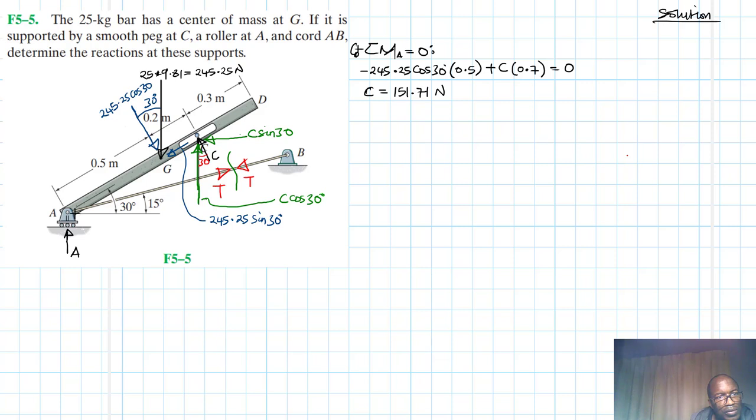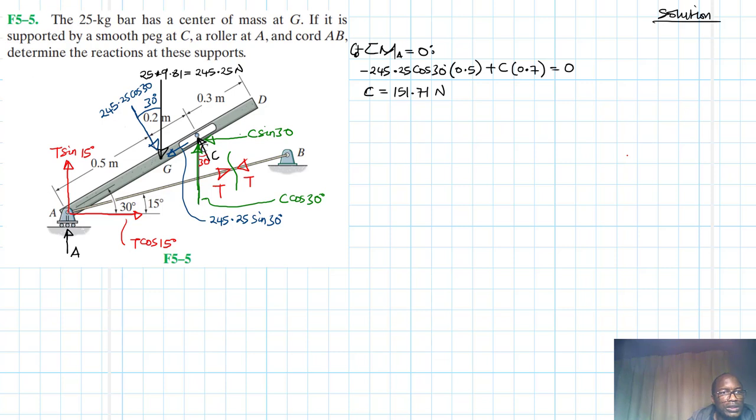T also will have two components: T cos 15, and another component, T sine 15.